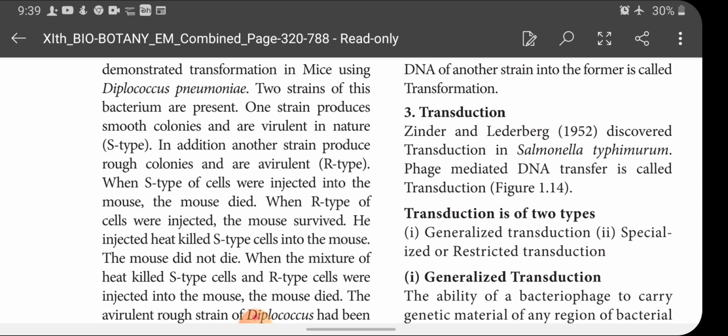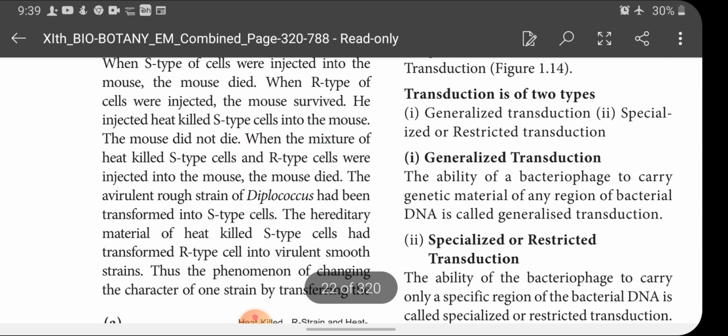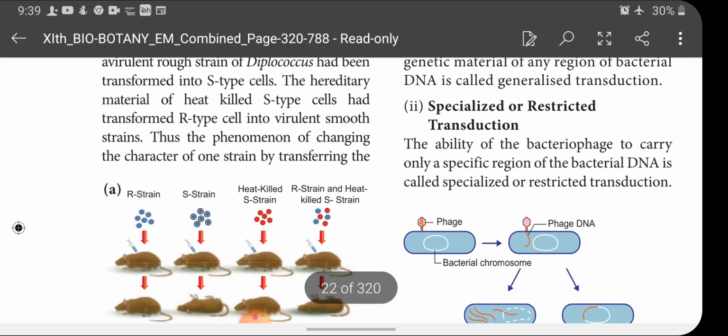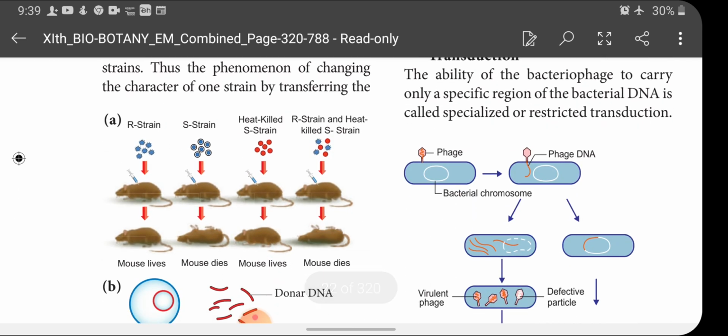Two strains of this bacterium are present. Okay, children, this is what they are trying to say. With the help of diagram, you can identify. There are mice. There are two strains of bacteria in pneumococcus. One is R strain, another one is S strain bacteria.